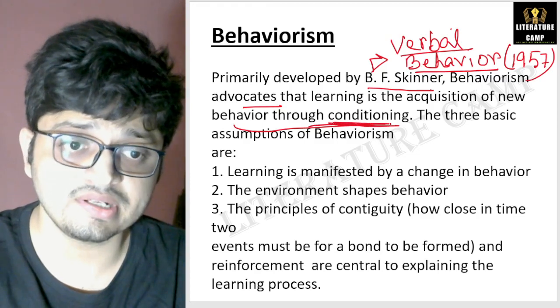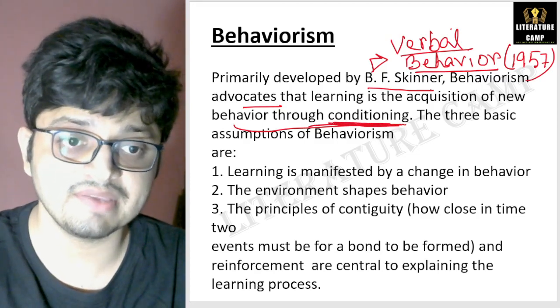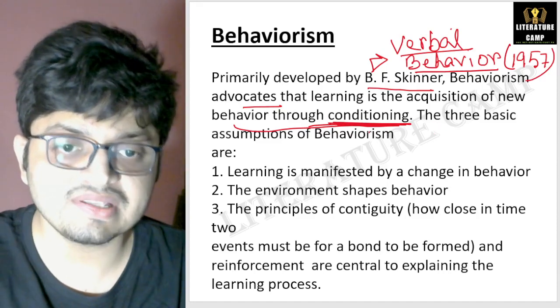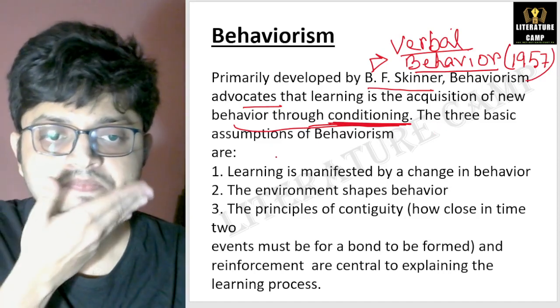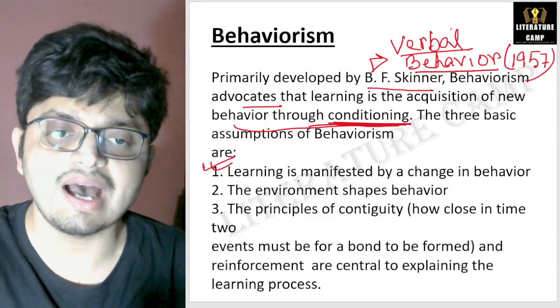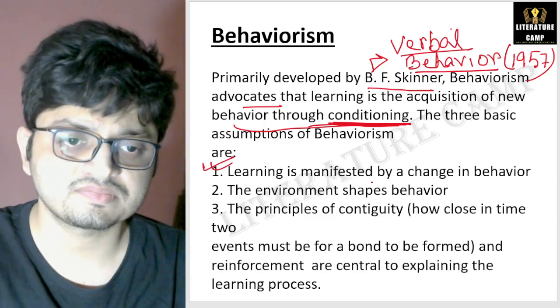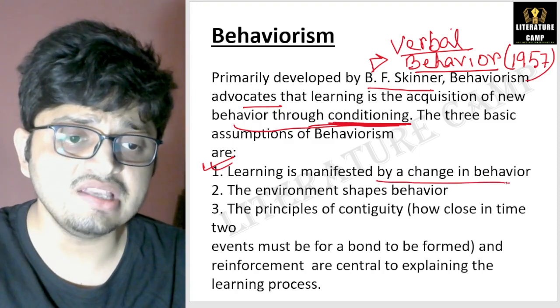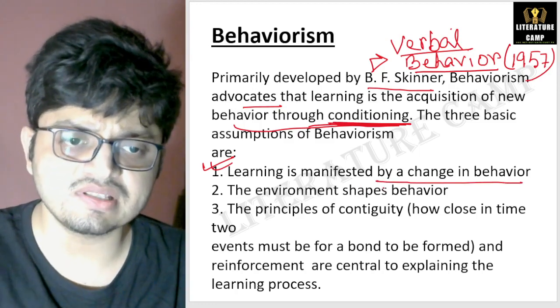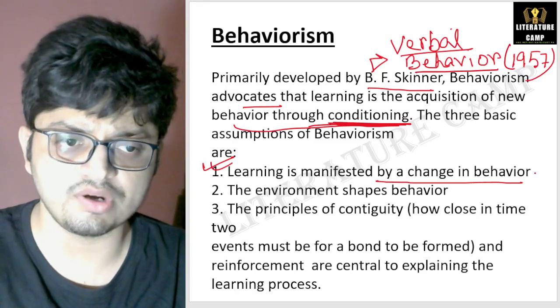Yes, his importance is on conditioning. Please make note of this term, conditioning. And the three basic assumptions of behaviorism are: number one is learning is manifested by a change in behavior. It is very true. This is point number one.